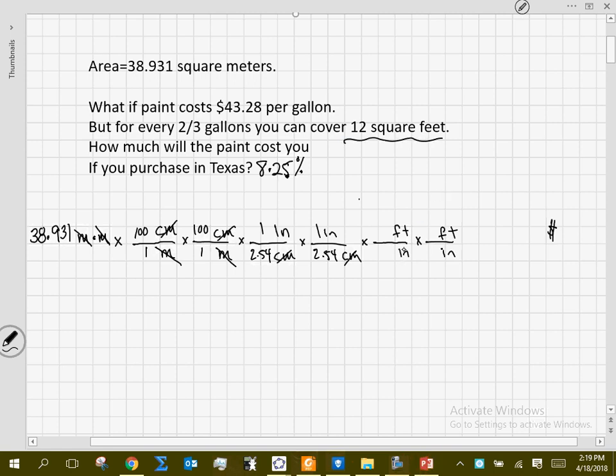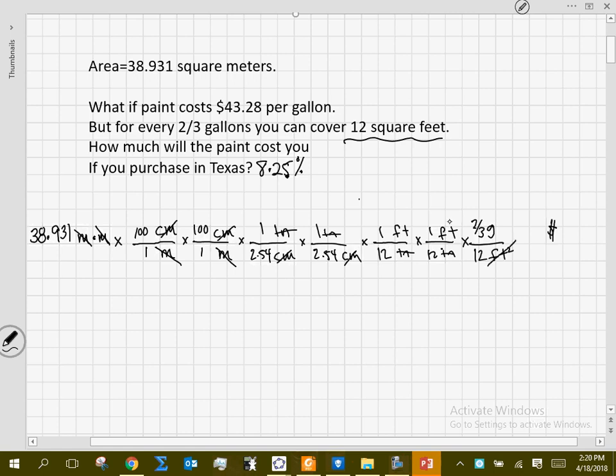I need those units, 12 inches for every 1 foot. I need those feet squared because now this conversion says 2/3 gallons per square feet. Okay? So I can now take 2/3, put a G there for gallons, for every 12 square feet.